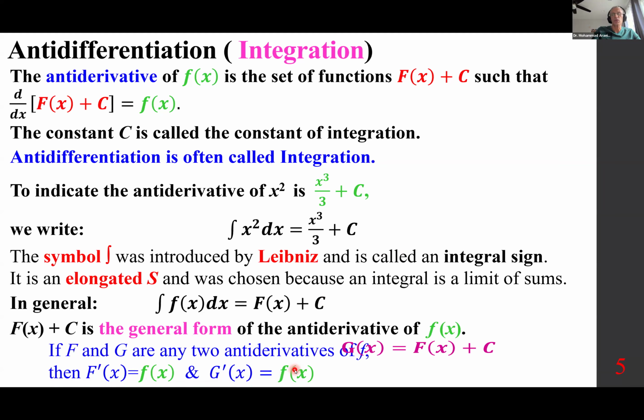Then G of x must be capital F of x plus some constant, because the integral is not unique, there are infinitely many solutions. So if we come up with two solutions, they only differ by a constant.